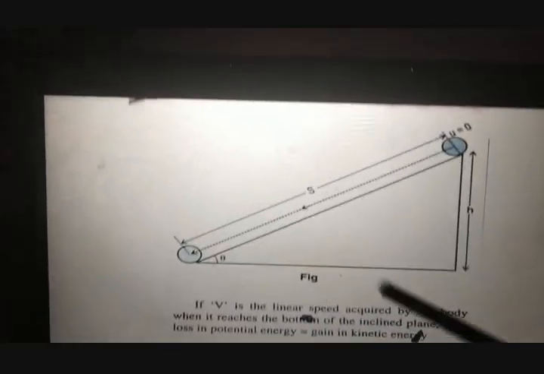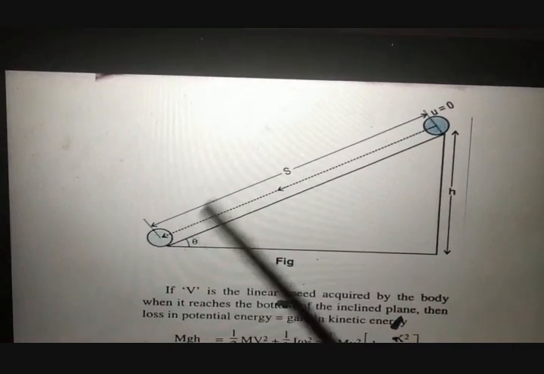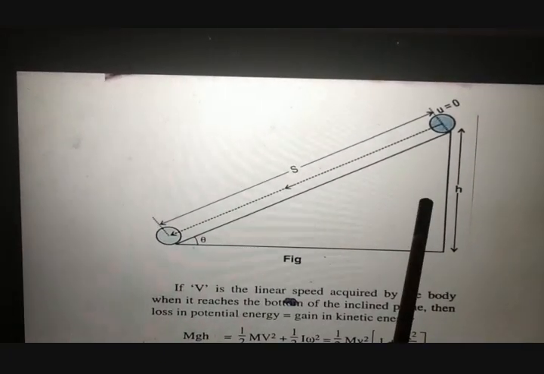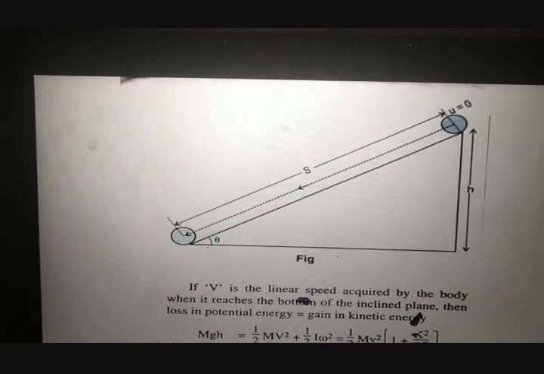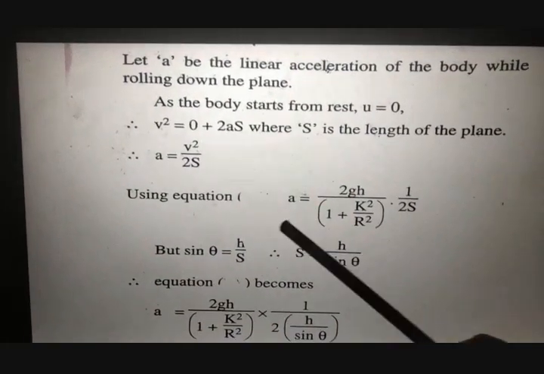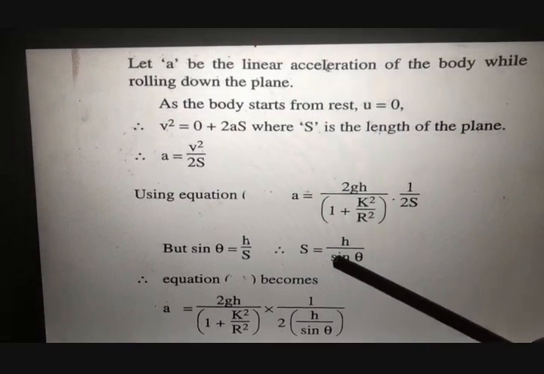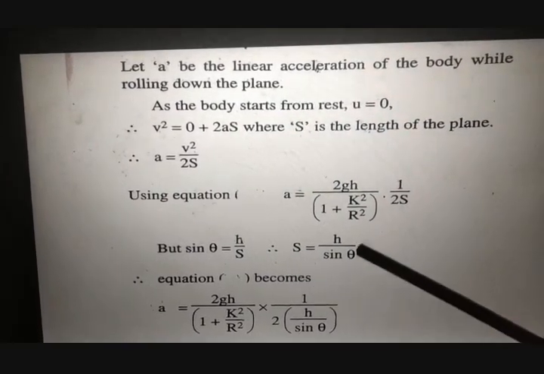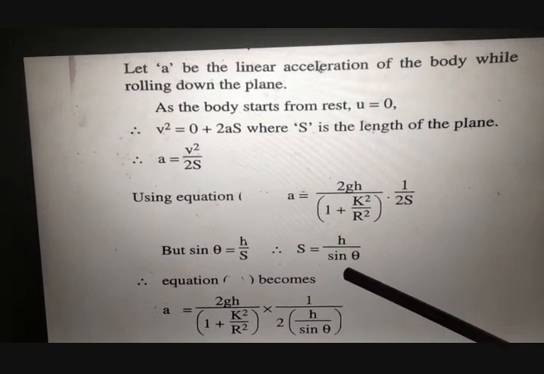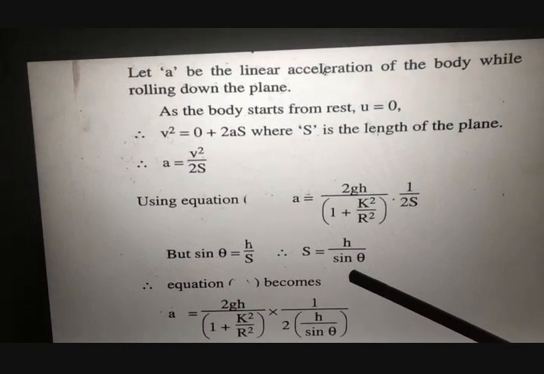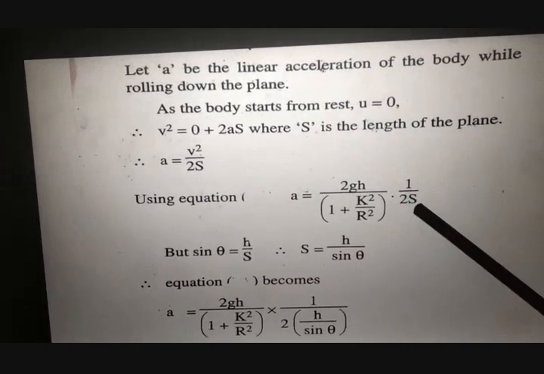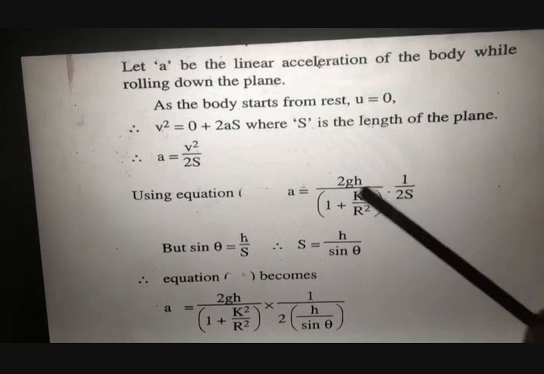See here, theta is over here, opposite upon hypotenuse, so opposite is h, hypotenuse is s, so sine theta is h upon s, and therefore from this equation you can write s is equal to h upon sine theta. Substitute this over here in this equation.